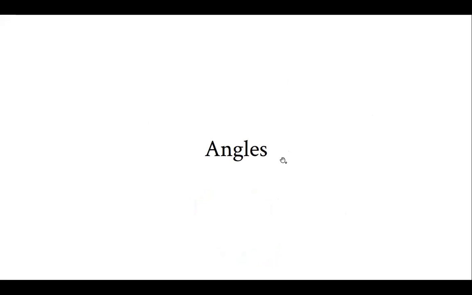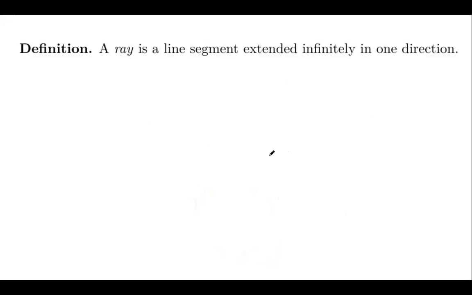First we'll do a brief overview of angles. Let's start with the definition of a ray. A ray is a line segment that is extended infinitely in one direction.